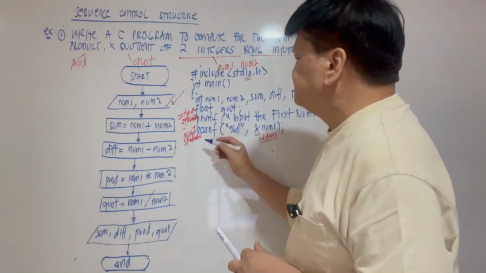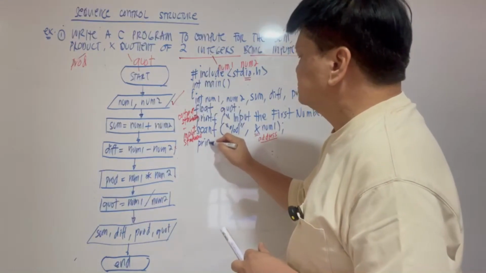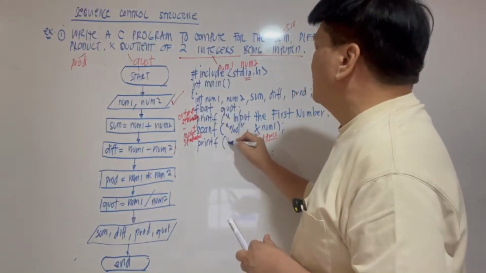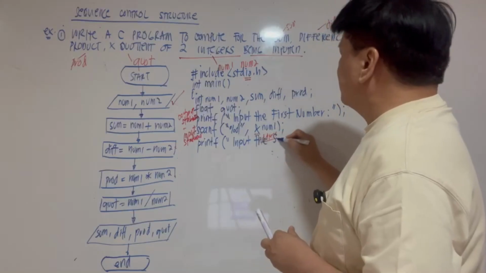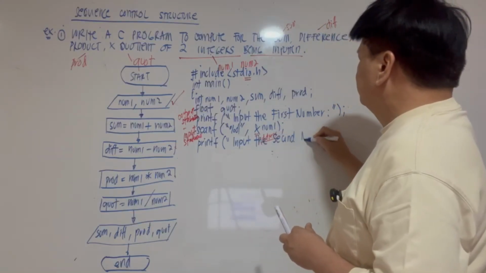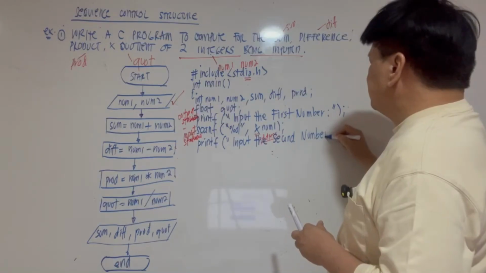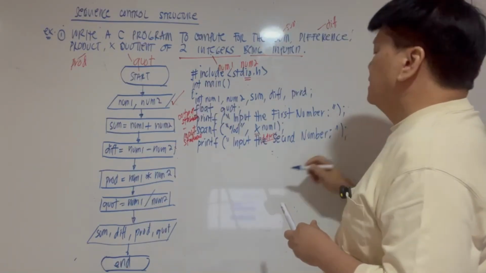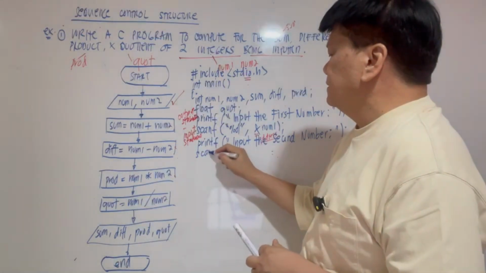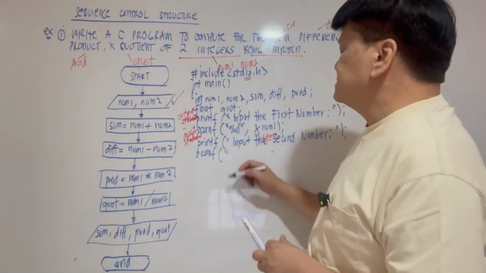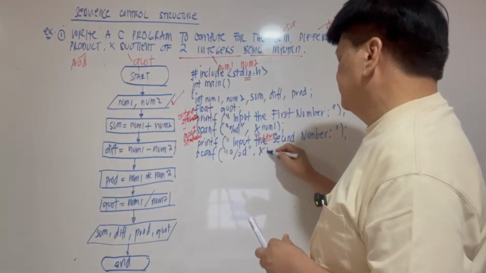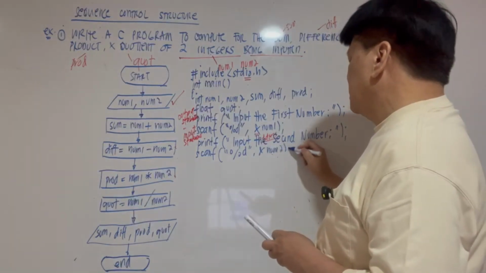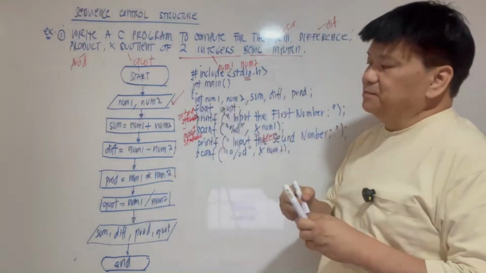And then the same thing: we put here input the second number, so that is easy to understand. Scanf, this time for the num2. There you are. We're done with the input.